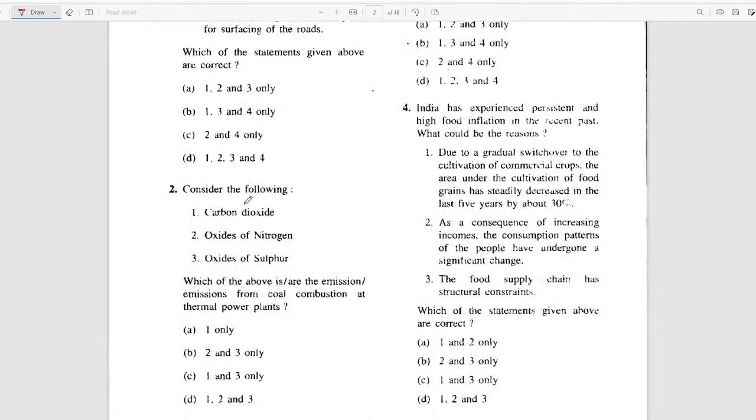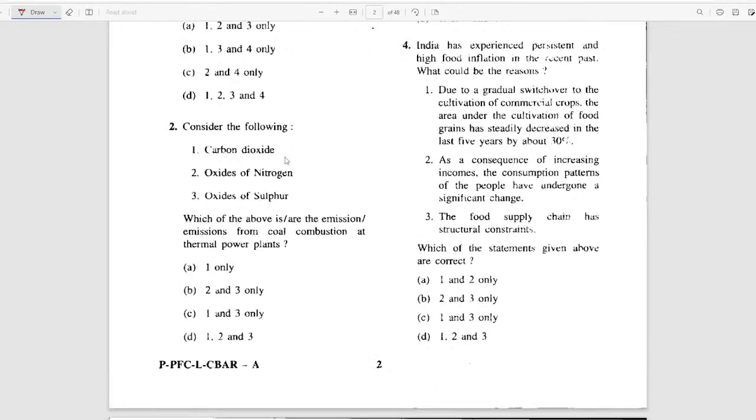Then going on to the second question: which of the above are the emissions from the coal combustion of thermal power plants? They are asking what the emissions from coal combustion are. Coal is an important topic. You have to read about the different types of coal and the famous coal mines.